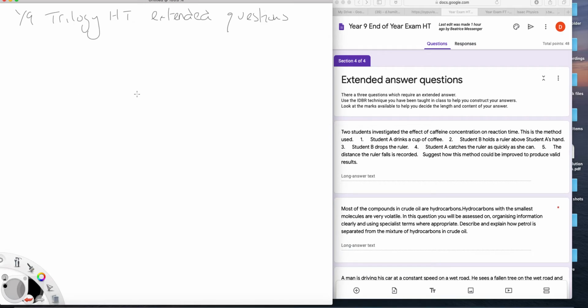So the first thing that the examiner will do is to look to see whether it is a level 1, level 2 or level 3 answer. Of course we have level 0 as well, but we're not interested in level 0. So that's the first thing. And if you look at the mark scheme, you can see the sort of hierarchy here.